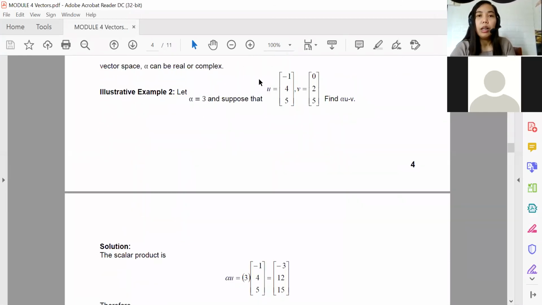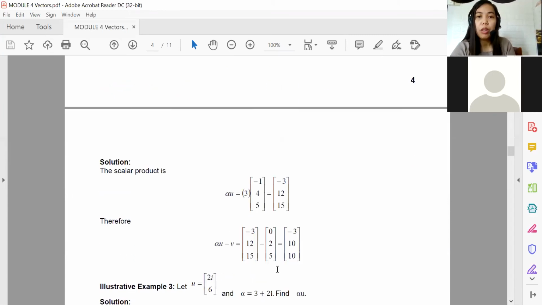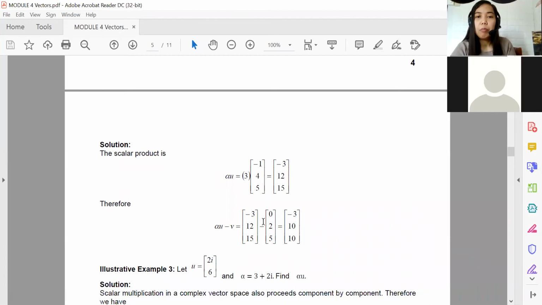We will have 3 multiplied by negative 1, that's negative 3, 3 times 4 is 12, 3 times 5 is 15. And then we're going to subtract v from alpha u. So we will have negative 3 minus 0, it's negative 3. 12 minus 2 is 10. 15 minus 5 is 10. So how we perform operations on matrices is the same for vectors.